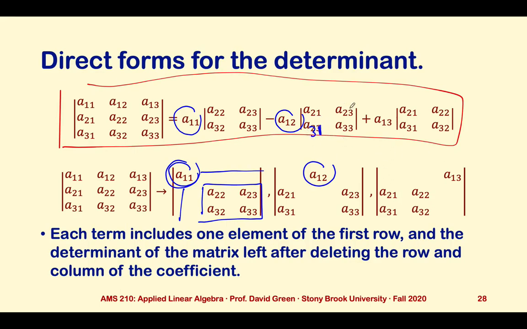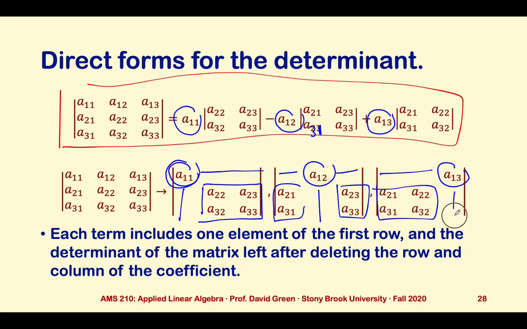A31, A23, and A33 are the pieces that are left when we delete the row and column corresponding to this entry, leaving us these pieces. The third term follows the same form. We have a coefficient and a determinant of the matrix that's left after we delete that row and column.